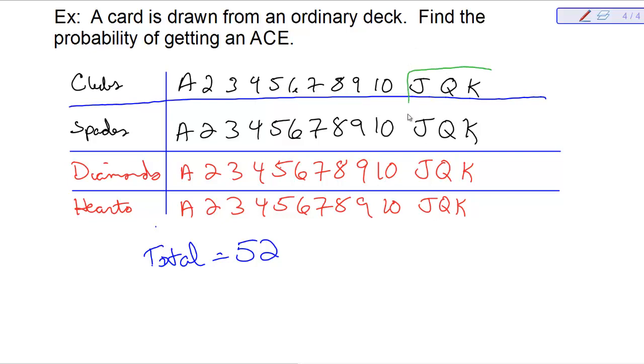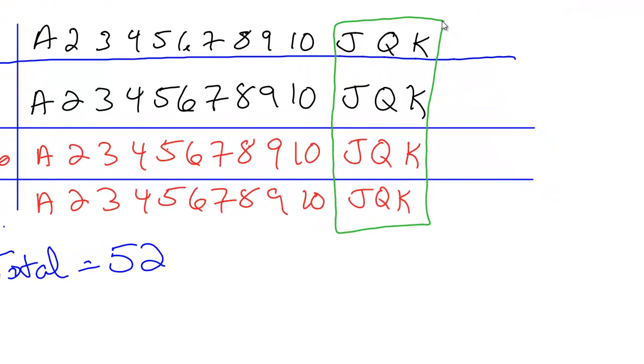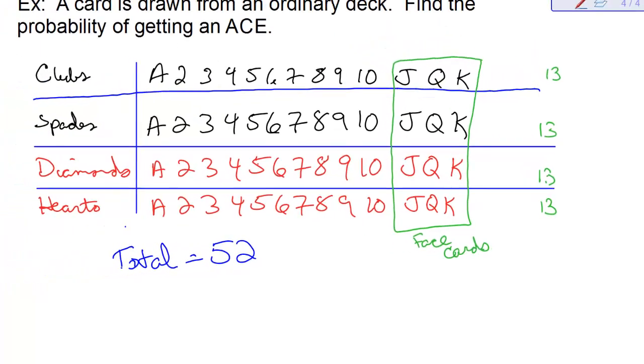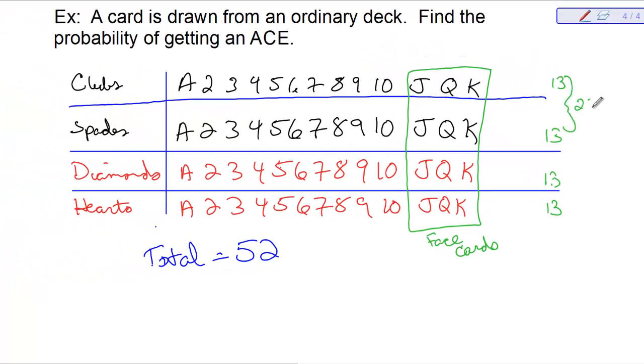These right here are the ones that are considered the face cards. So anytime you're looking for a face card, you're looking for the Jack, Queen, or King. So if you notice, there are a total of 13 clubs, 13 spades, 13 diamonds, and 13 hearts, which adds up to 52, which also gives me a total of 26 black and 26 red cards.